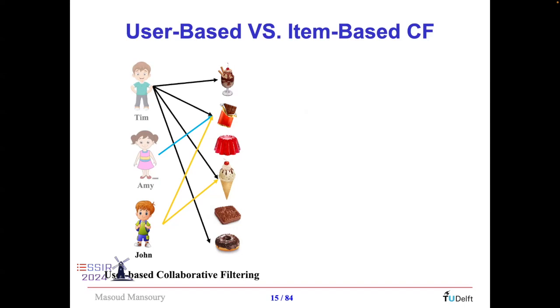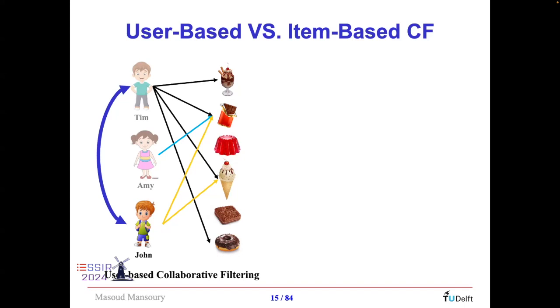If we go for the user-based neighborhood model, we first need to find the similar users to John. Based on the interactions, we see that Tim is the most similar user to John because both items that John interacted with or liked in the past, Tim also interacted with both. So this means that Tim is the most similar user to John.